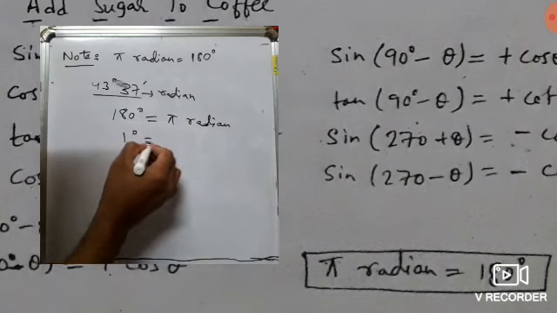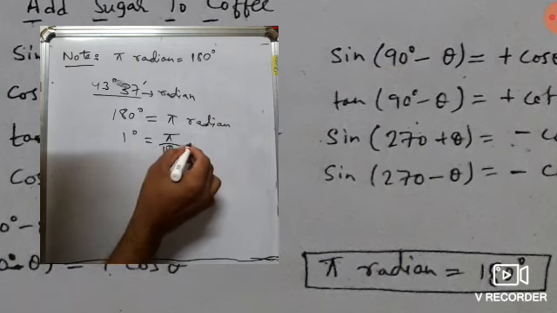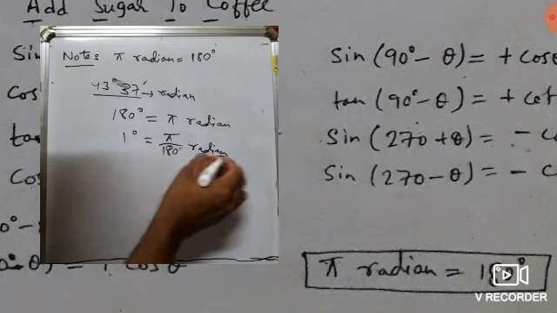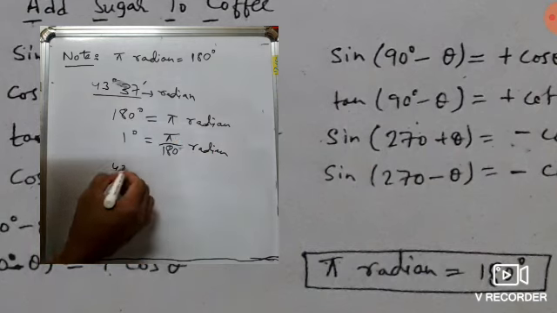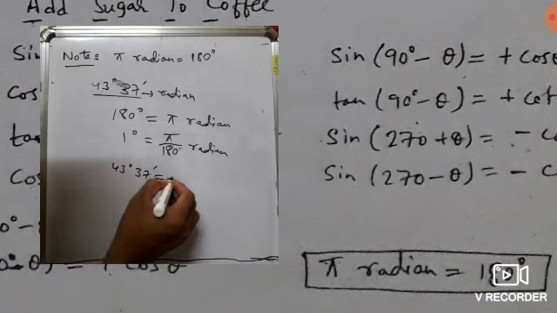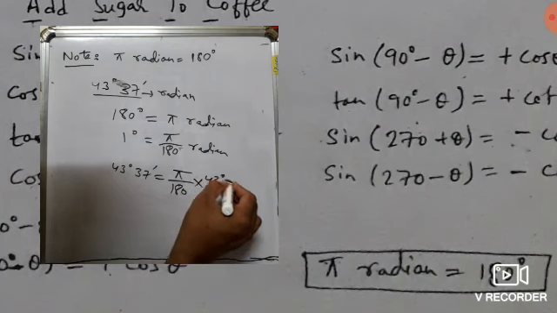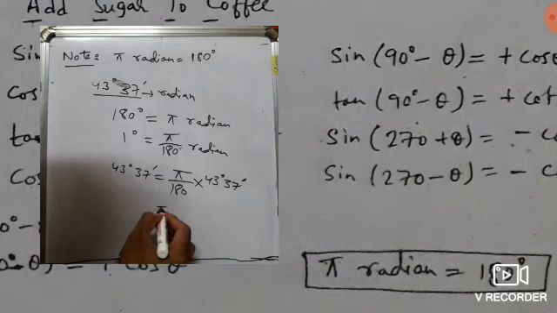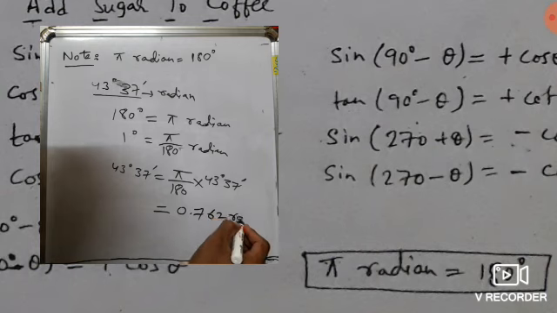So 1 degree will be equal to pi by 180 radian. Therefore 43 degree 37 minute will be equal to pi by 180 into 43 degree 37 minute. It will come out to be 0.762 radian. So this is the answer.